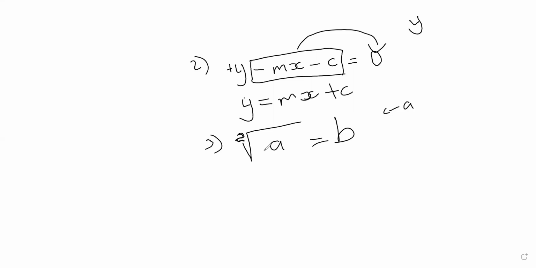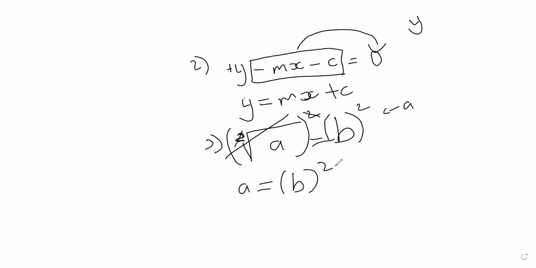So how do we get rid of this square root? You square both sides. You put the power of 2 on both sides, because this 2 will cancel with this square root here. So you have a is equal to b squared.